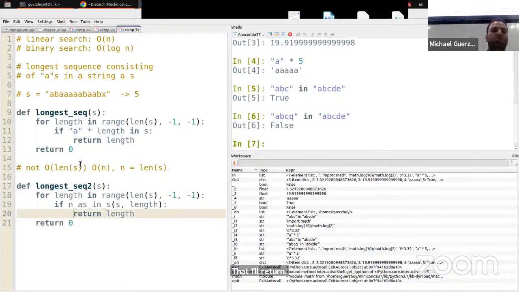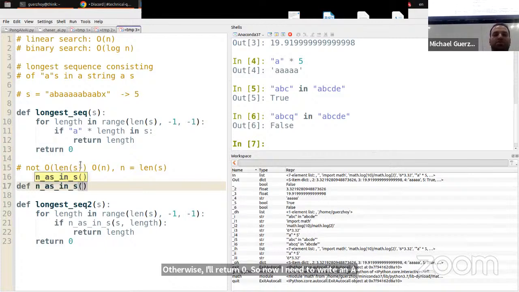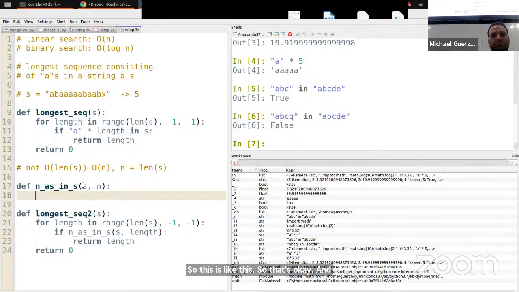Otherwise, I'll return 0. So now I need to write an A's in S. So this is like this. That'll take S, and it'll take N. And now I just need to check whether there are N of those A's in S.